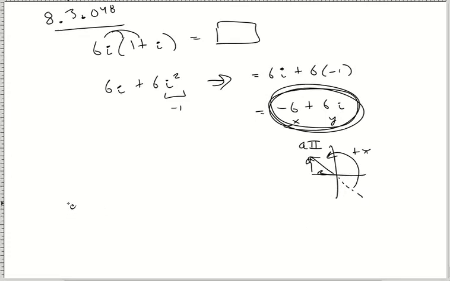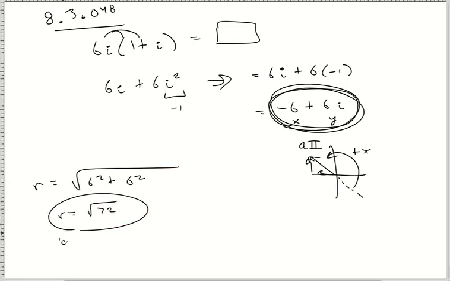Okay, now we actually have to do the work. So r is equal to, and notice we got 6 and 6, square root of 6 squared plus 6 squared, negative, positive, should just cancel anyways. So we get square root 72, just like last time. My theta, again, is arctan of y over x, and we get -1, which makes it negative pi over 4, the negative 45 degrees, which I already suspected.